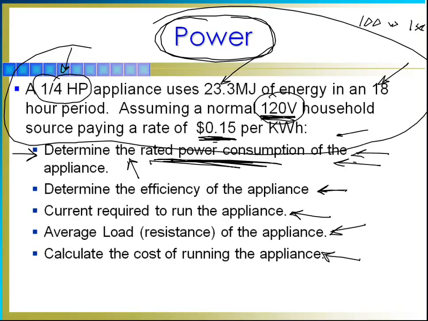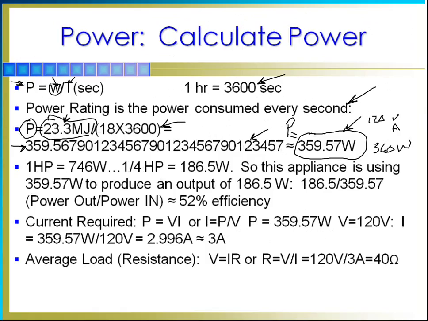Now, the efficiency of the appliance. Well, the efficiency of the appliance is how much power do I have to put in to get that quarter horsepower out? Well, I know that 1 horsepower equals 746 watts. So quarter horsepower equals 186.5 watts.